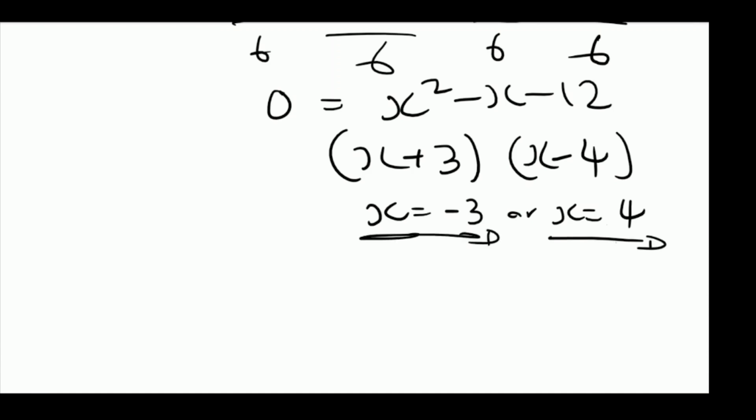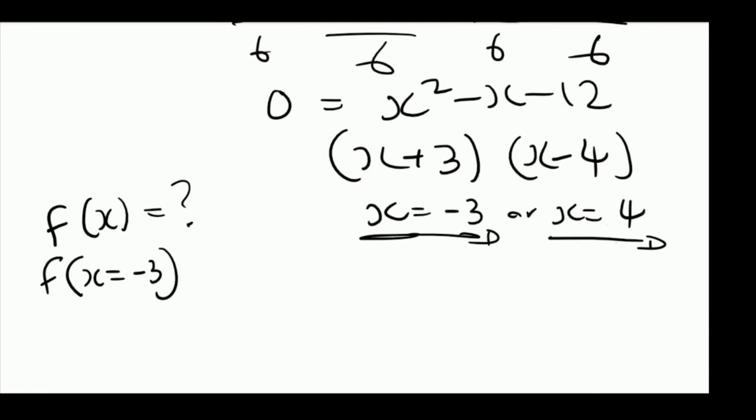Now we want to find the y values of the turning points. So you're going to substitute into your f of x equation. So it's going to say f of x of minus 3. So when you substitute it into the original equation, as I said, f of x is equal to 2x cubed minus 3x squared minus 72x minus 35.